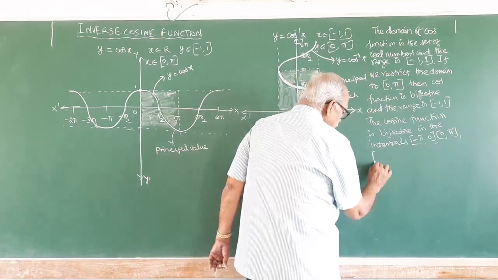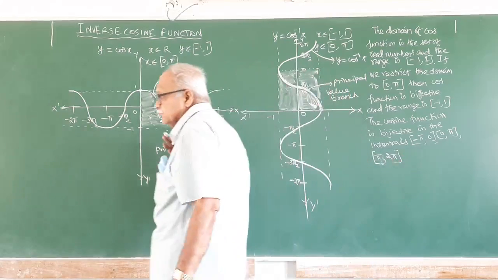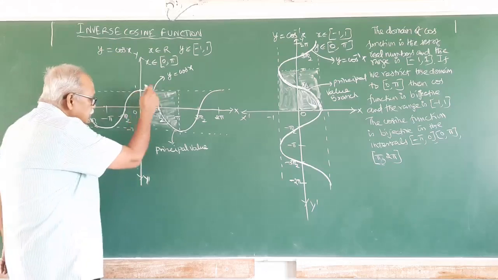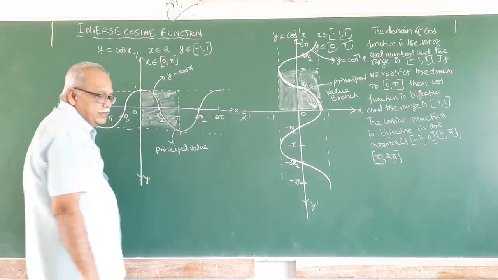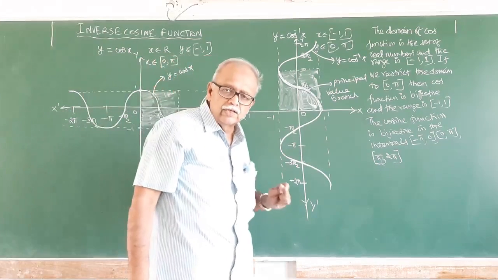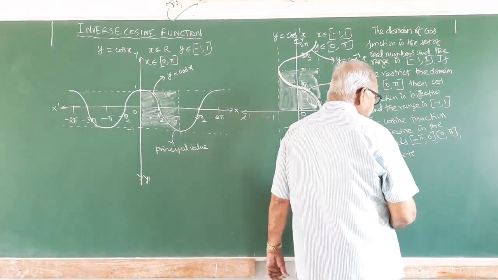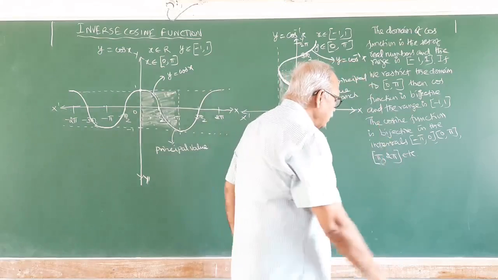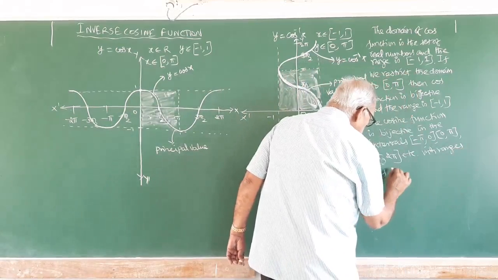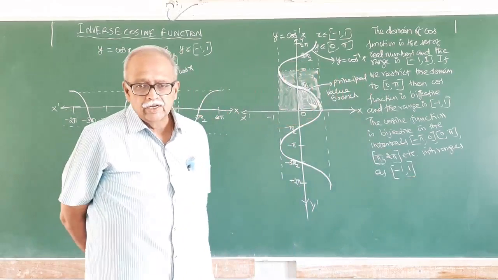and pi comma 2 pi. You can see the graph. Minus pi to 0, this branch, 0 to pi and pi to 2 pi. In these intervals, the cosine function is always bijective, with the range as the closed interval minus 1 comma 1.